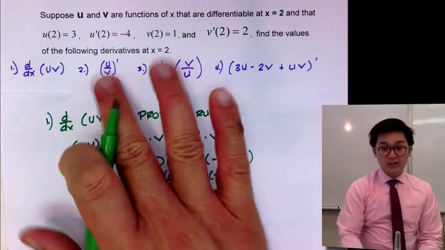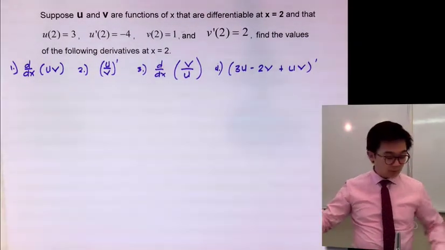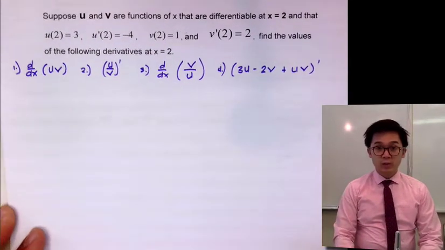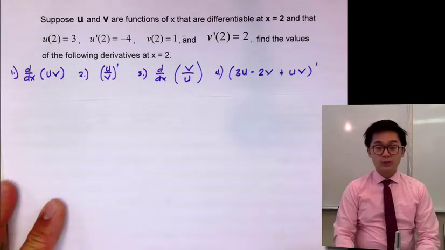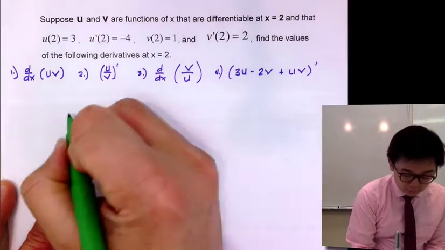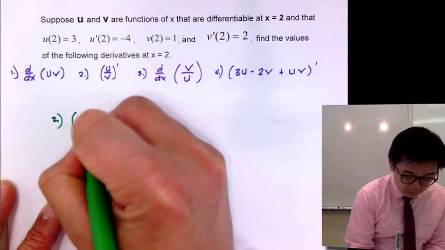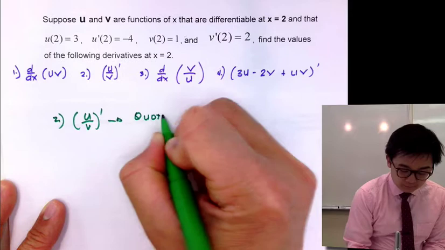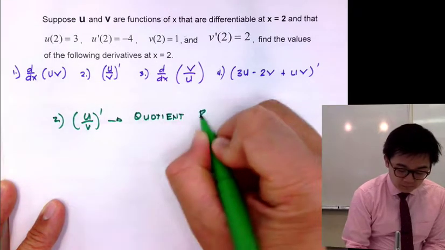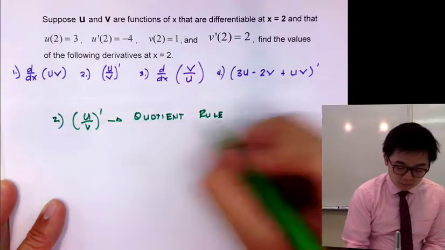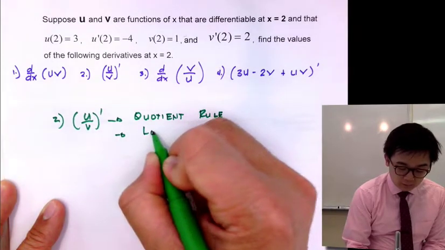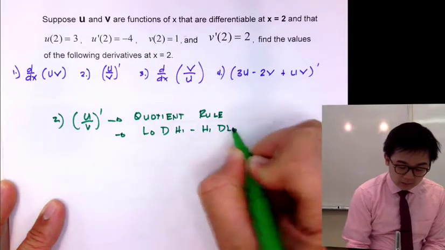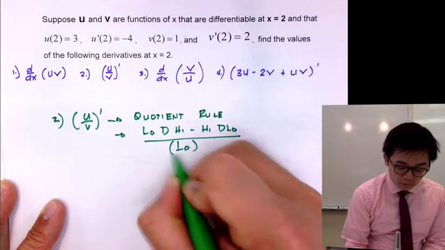Now let's answer problem number 2. So in problem number 2, we're seeing fractions. So when we see fractions, we know that we're going to be using the quotient rule. So for number 2, to find the derivative of u over v, we're going to be using the quotient rule. And we know that the quotient rule is simply low d high minus high d low all over low squared.